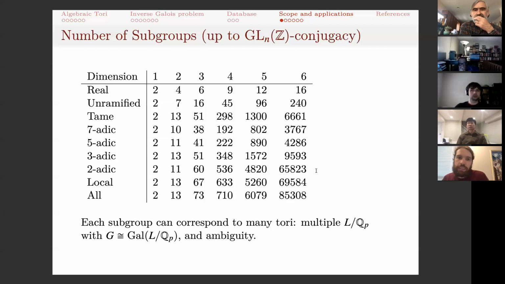But this is counting the number of cyclic subgroups. And so there's either that many unramified tori or slightly more unramified tori coming from ambiguity.